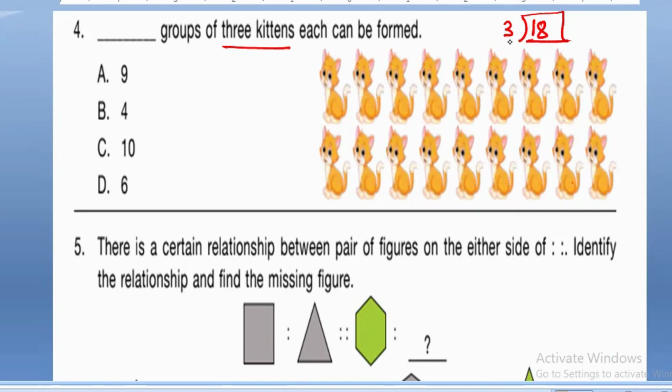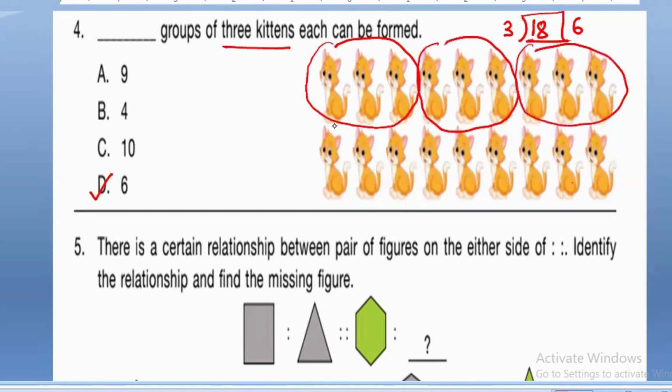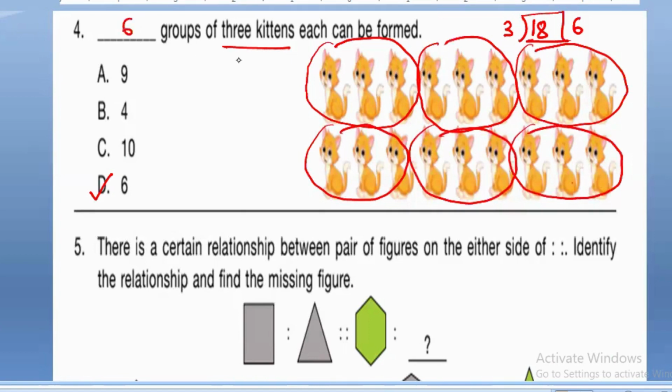Or, by solving another way, we have groups like 1, 2, 3, 4, 5, and 6. Okay, so like this, we can say 6 groups of 3 kittens we can form out of these 18 kittens.